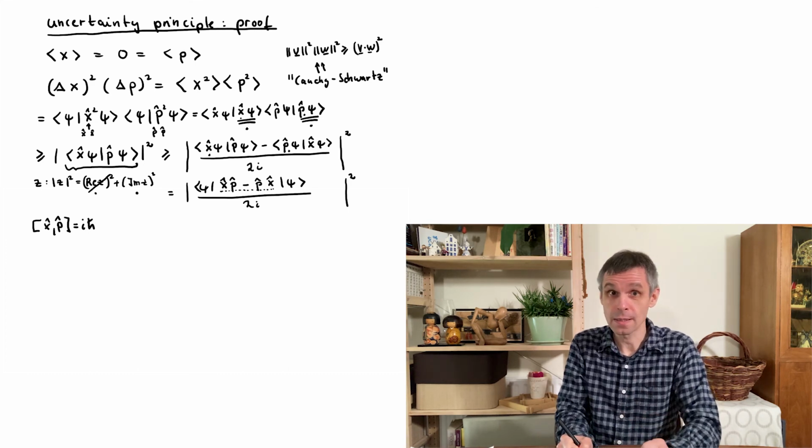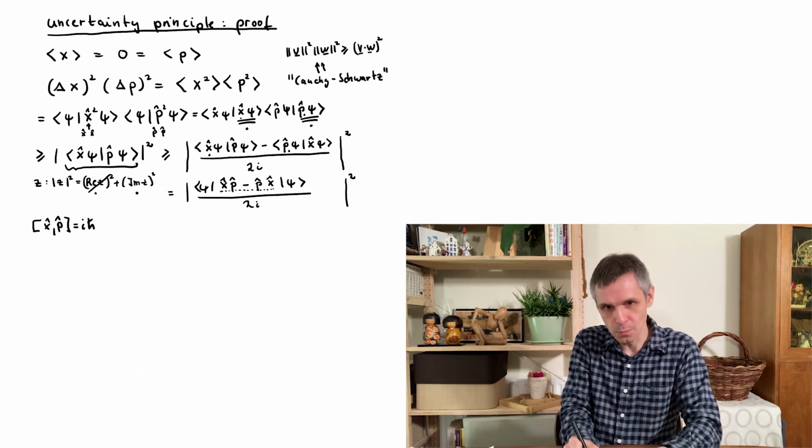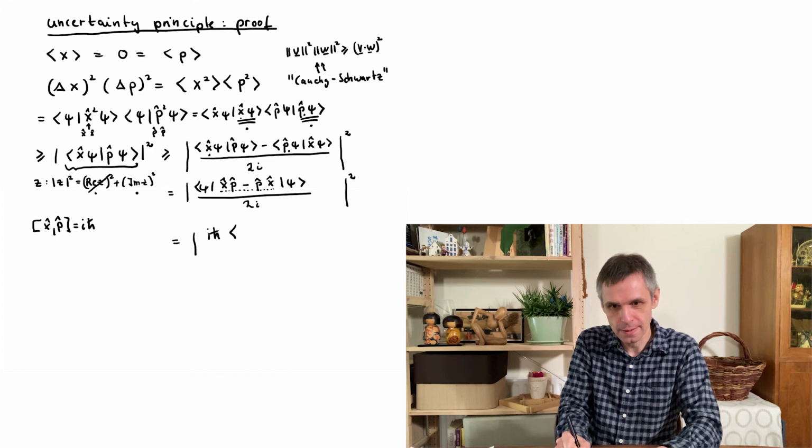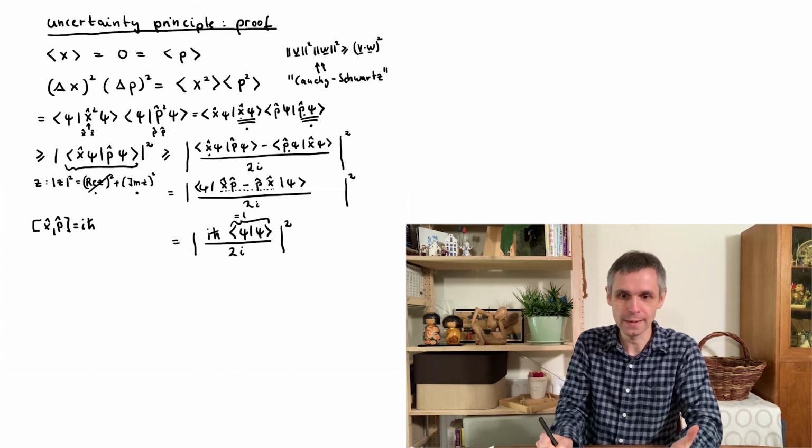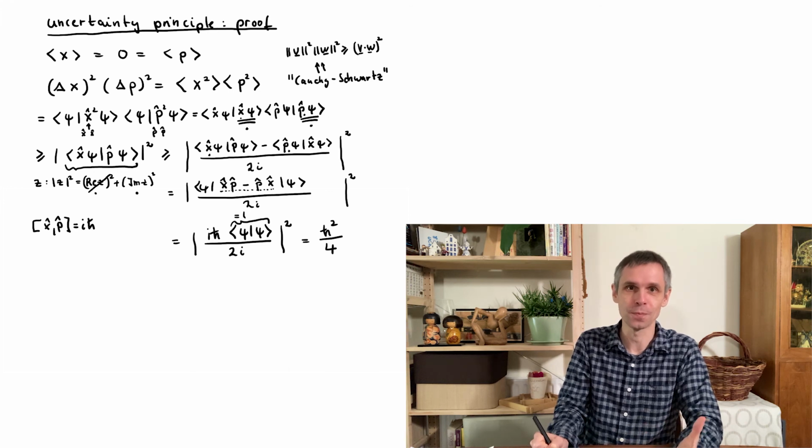And on top of this, this is just a constant, so we can pull this to the front. So what we obtain at this place is just i h bar times the scalar product of psi with psi, divided by 2i, absolute value squared. Well, this is our normalization condition, so we just obtain 1 and all the rest are just numbers. And taking the square of what is given, we just obtain h bar squared divided by 4.